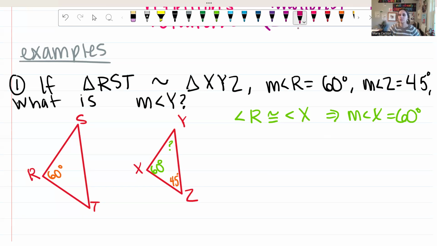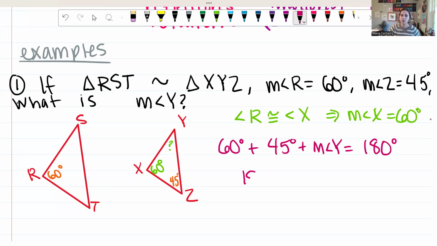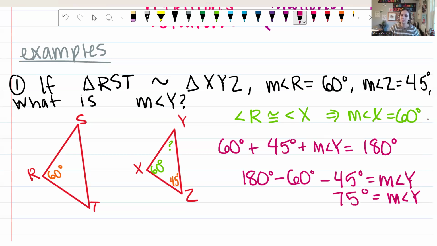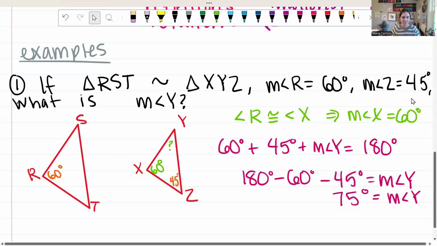Using the triangle sum theorem, 60 degrees plus 45 degrees plus the measure of angle Y has to be 180. So I subtract 180 minus 60 minus 45 to get the measure of angle Y. When I do that, I learn the measure of angle Y is 75 degrees, which means so is the measure of angle S.